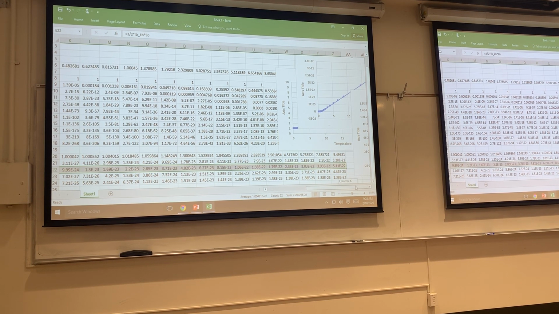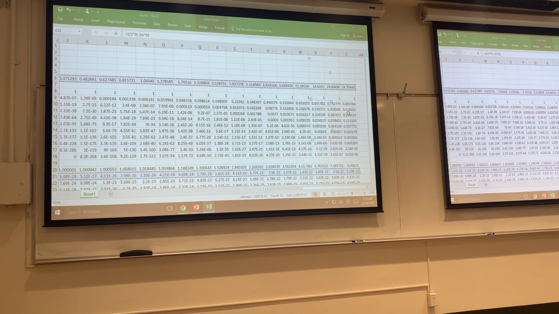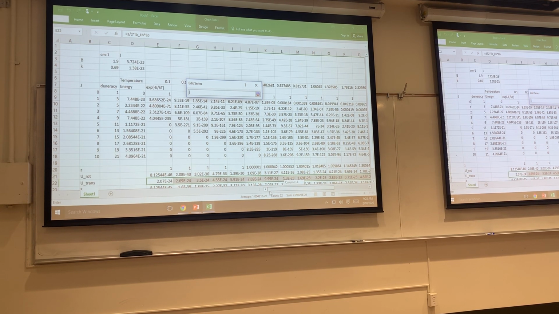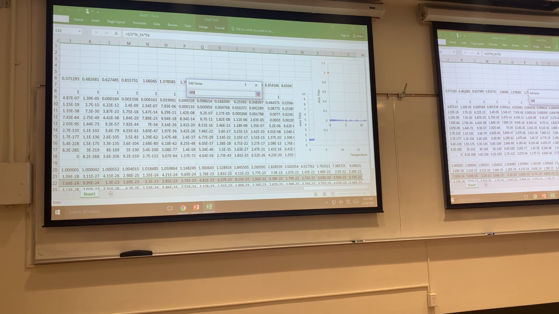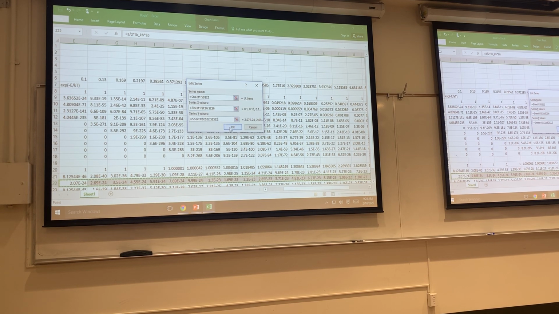Okay, let's see, there is our graph over here, and let's select data and add a data series. The name is the translational energy, and the x values are the temperatures, and the y values are the ones which are the column. Okay.